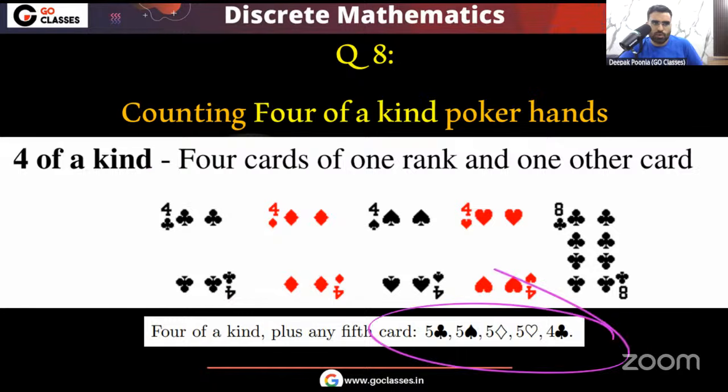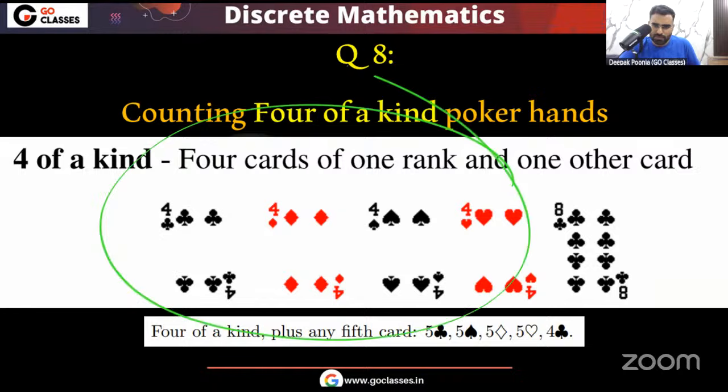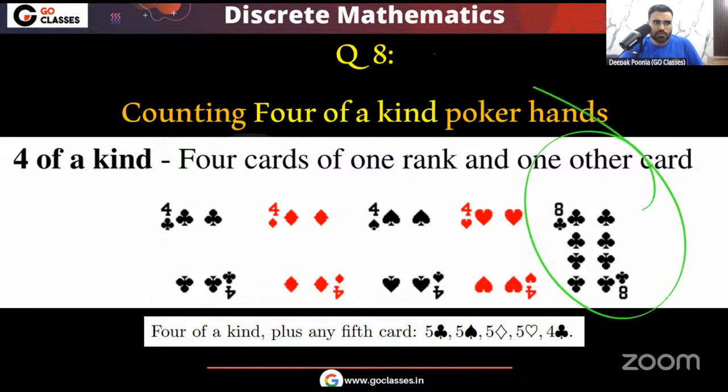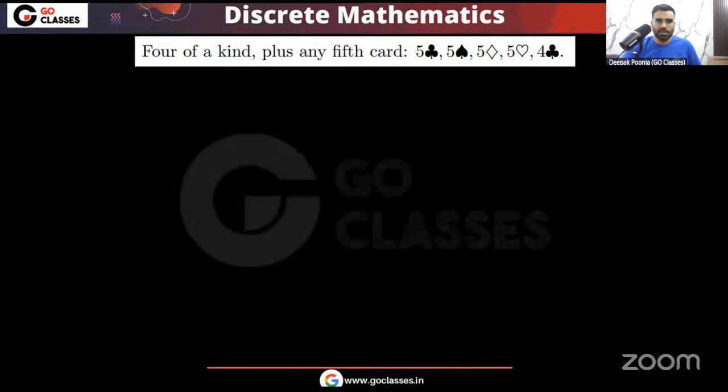You can see in this example also, 4 cards of value 5 and one extra card. Okay, I hope it is clear. So 4 of a kind means 4 cards of the same value plus one extra card.